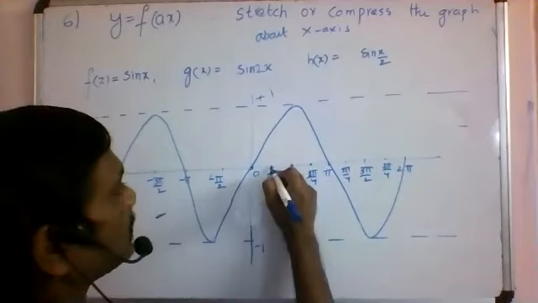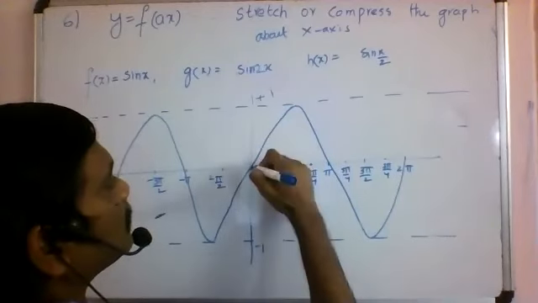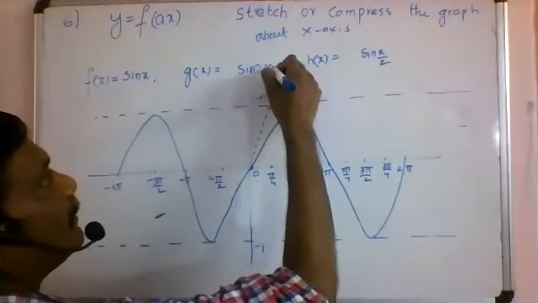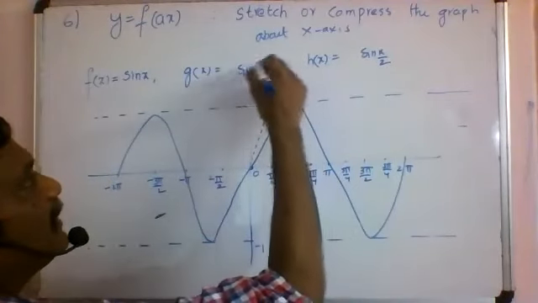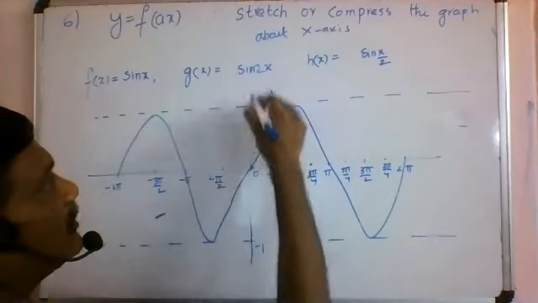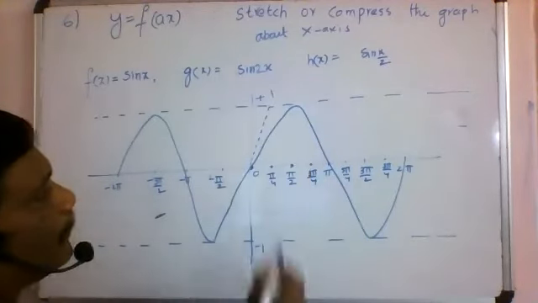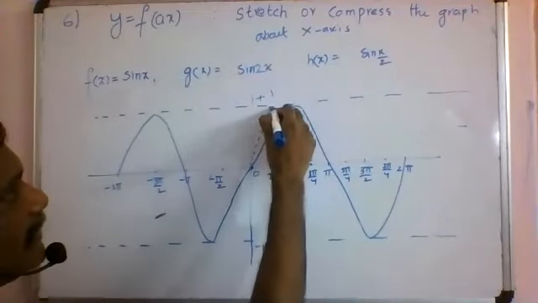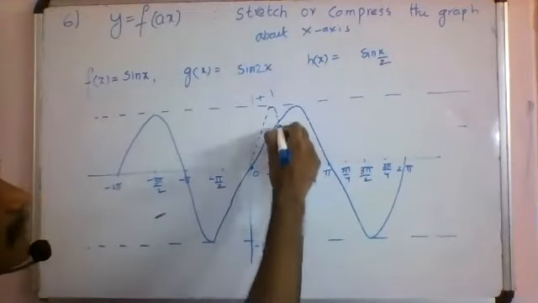So you can understand that at pi by 4 it is reaching 1. So your graph will be like this. At pi by 4, the 2 cancels, sin pi by 2 is 1. So at pi by 4 this graph is reaching 1. When I keep pi by 2, the 2 cancels, sin pi, again it reaches 0 at pi by 2.